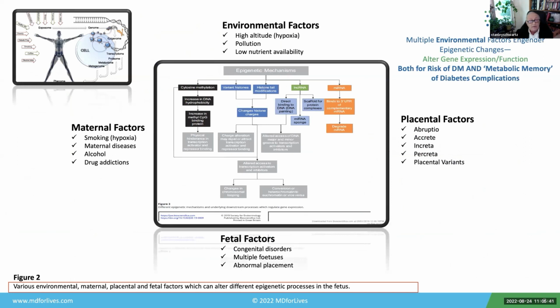This is where environmental factors, which you can see on top, come in: hypoxia, pollution, low nutrient availability, maternal factors, smoking, maternal diseases, alcohol, drug addictions, placental factors, and fetal factors can change DNA by multiple chemical mechanisms: cytosine methylation, variant histones, histone tail modifications, increased RNA, and microRNAs, and they affect the genes.